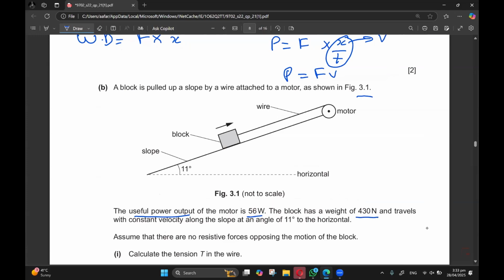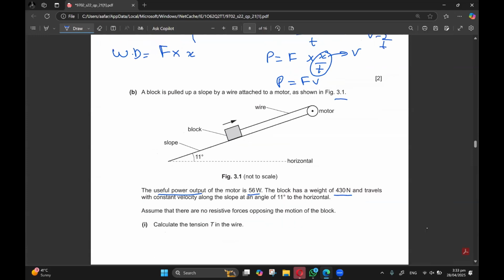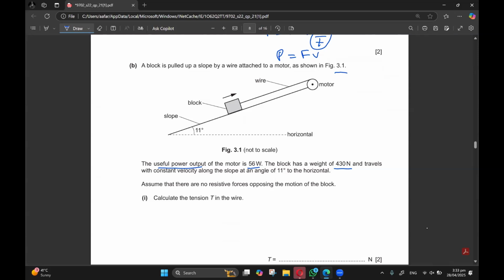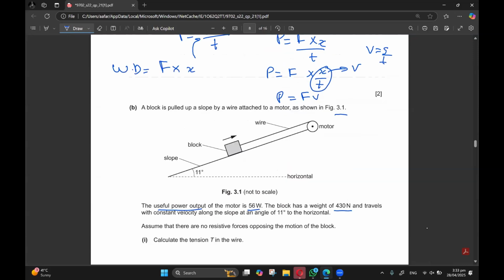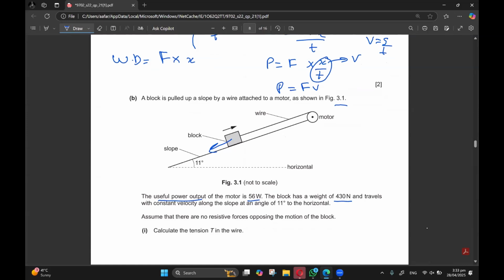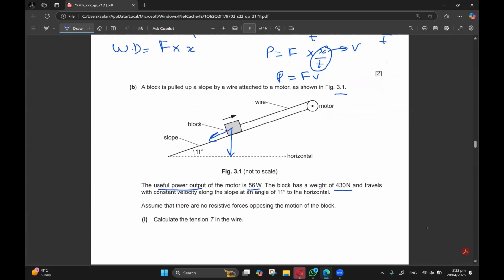So we know that they've given us the power and they've given us the angle and the weight. So if you find the component of weight over here, if you draw a right angle triangle over here, this is a right angle.